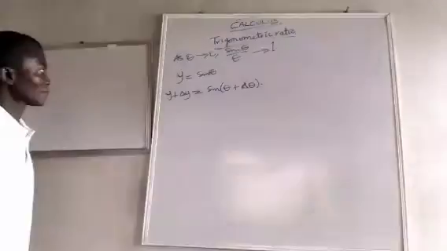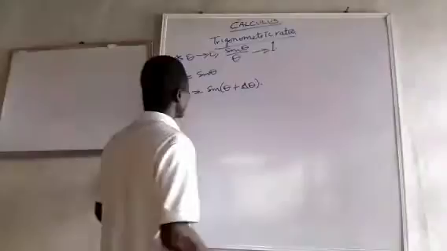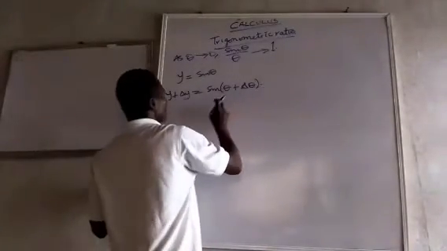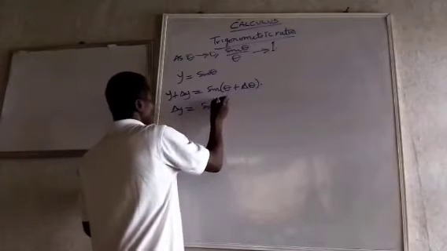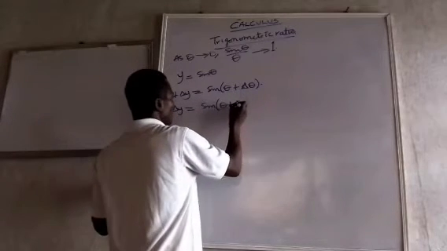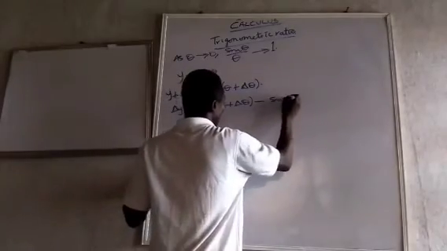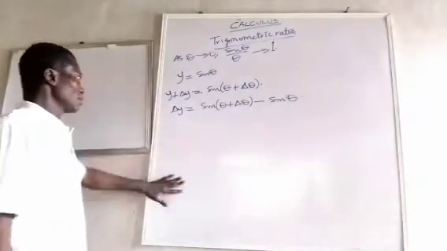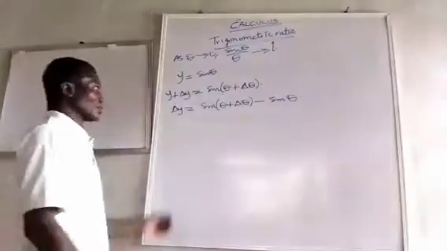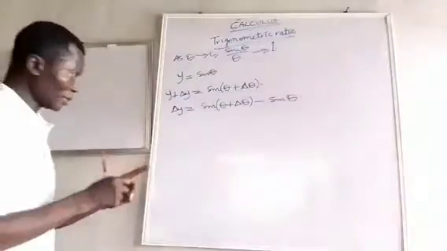Now let us subtract this from this. We are going to have delta y is equal to sin of theta plus delta theta minus sin theta. We have done this in trigonometry before, but let's see how we can do it again.